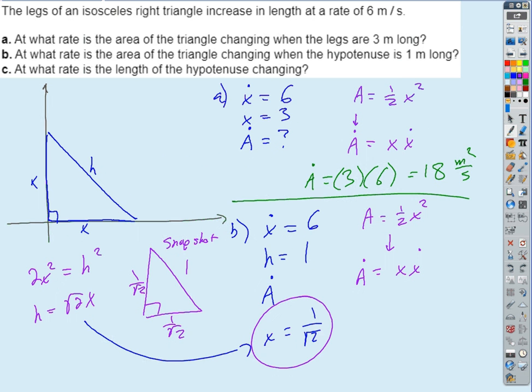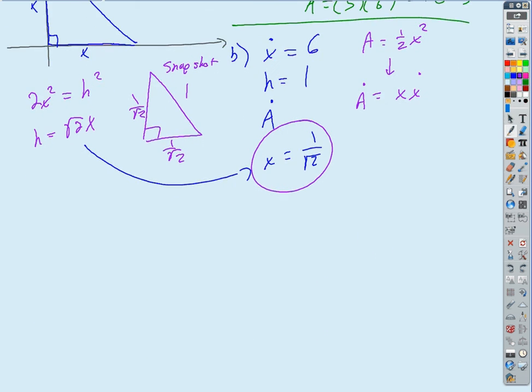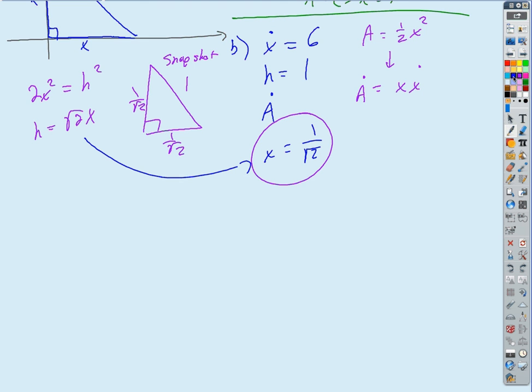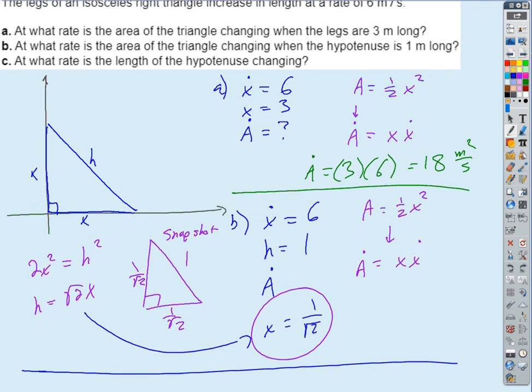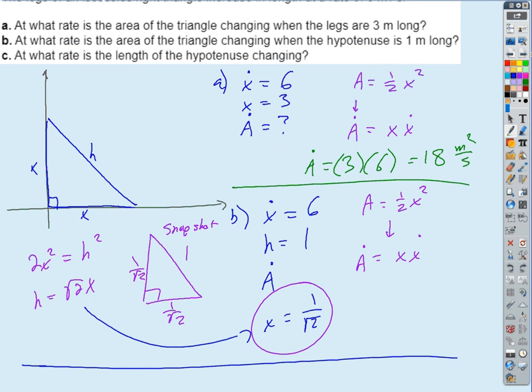Okay, what about the last part then? At what rate is the length of the hypotenuse changing? So I guess for part 3, we've got the same stuff we had before, right? And they don't even give us a specific value there, do they?